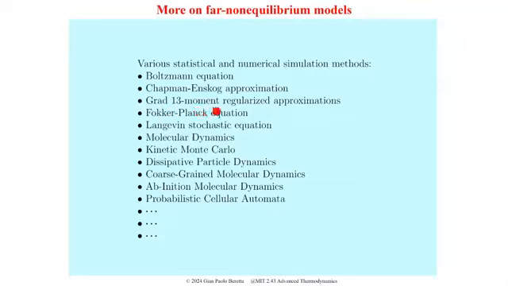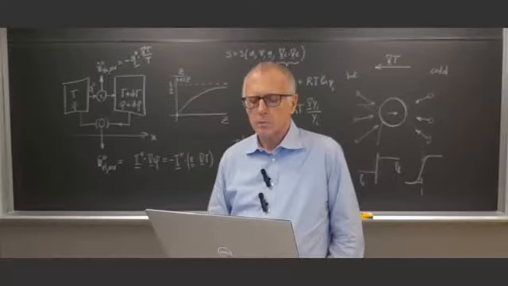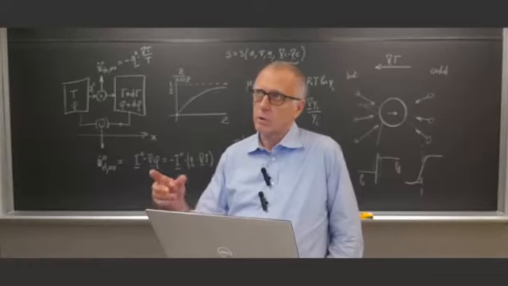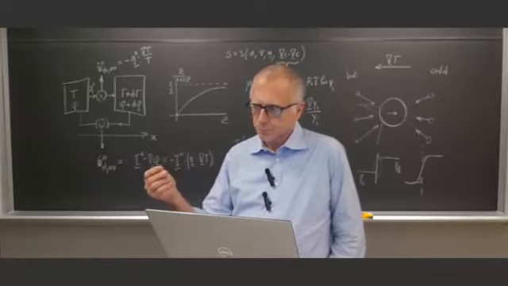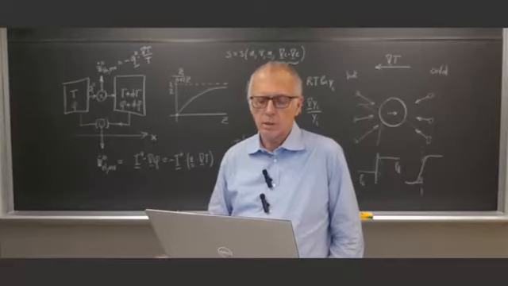Another approximation is one which derives the equivalent of the Navier-Stokes equations, but more complicated with more moments. Then the Fokker-Planck, stochastic equations. These are equations that have some random noise terms in it.